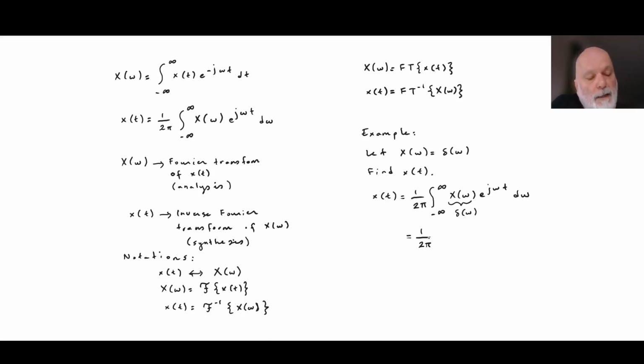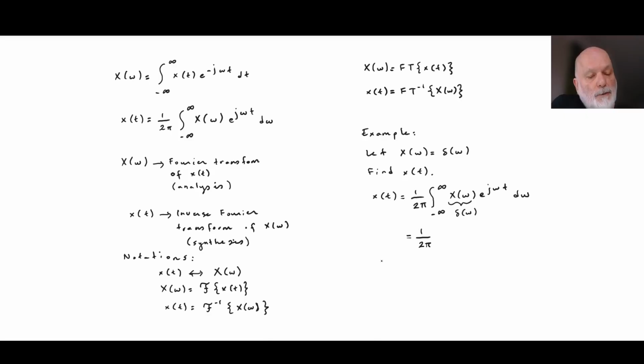Now, if you do not like this 2 pi expression here, originally we could have started the example as follows. Let x of omega be equal to 2 pi delta of omega. So the impulse has weight equal to 2 pi, and we will end up with 1 in that case.